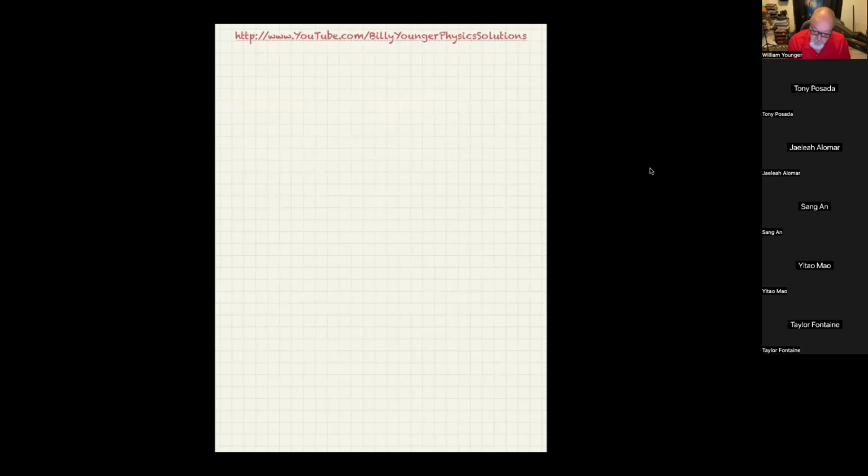I'm going to have another current-carrying wire, and this wire is going to carry a current vertically. So the current is right here like that, and it actually goes on for infinity.